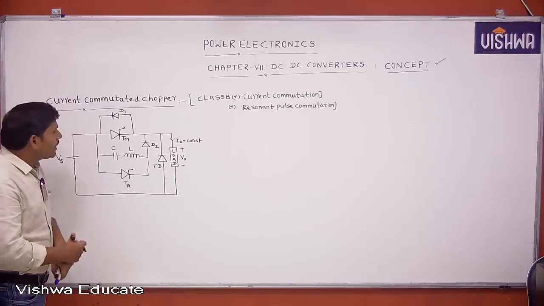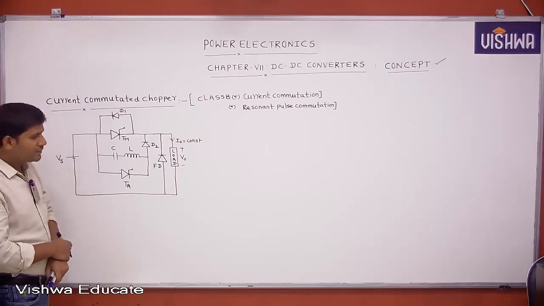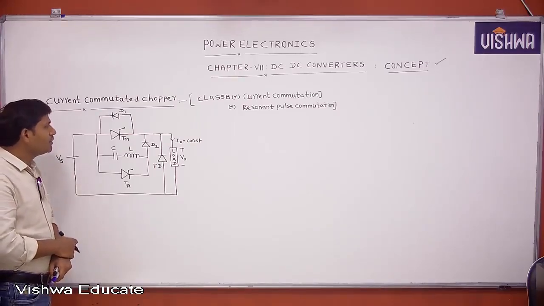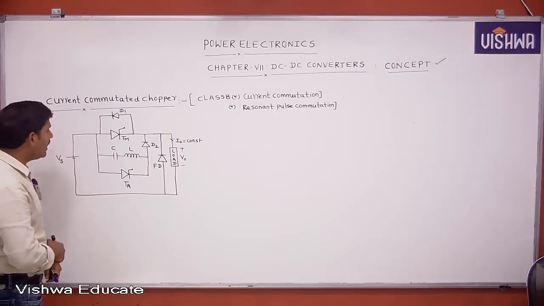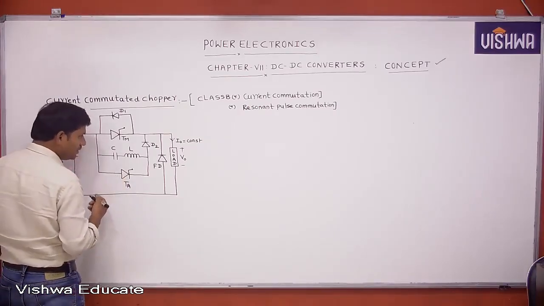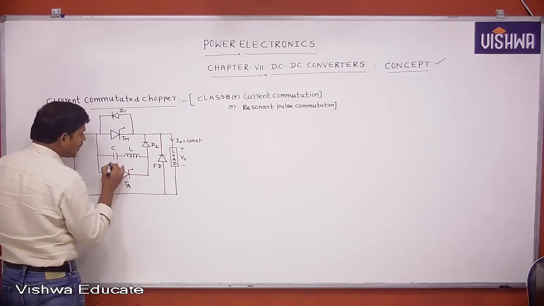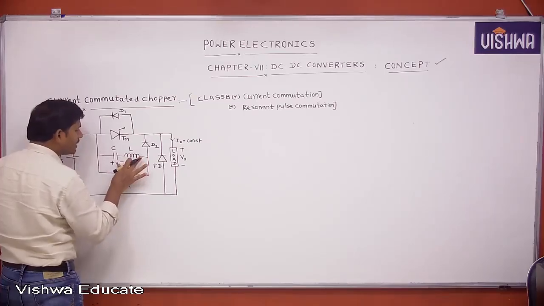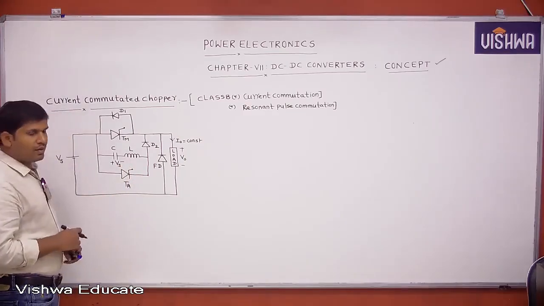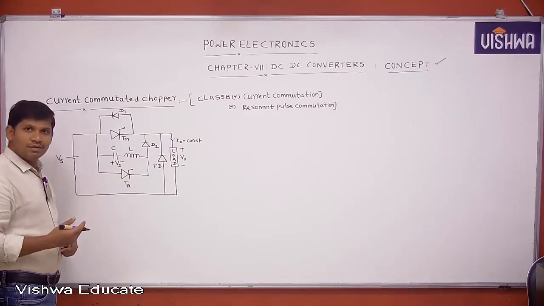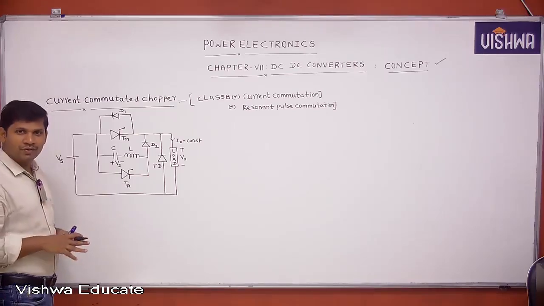To explain the operation of the circuit, the assumption is that we are supplying a constant current to the load. Another assumption is that the capacitor is already charged to a voltage Vs with polarity plus minus. Sir, how is this capacitor already charged to Vs?